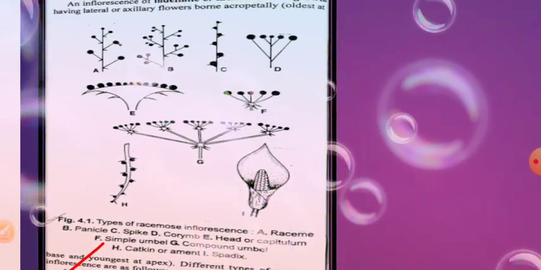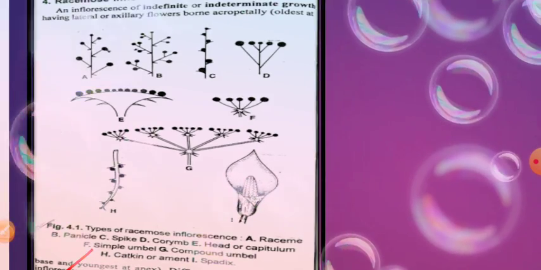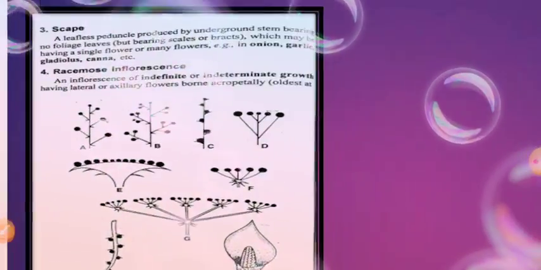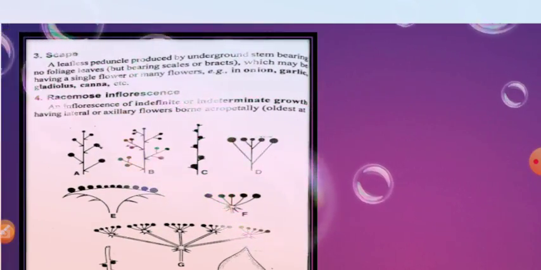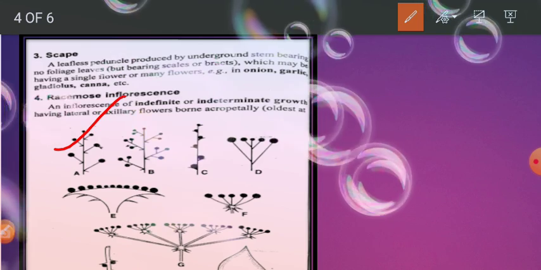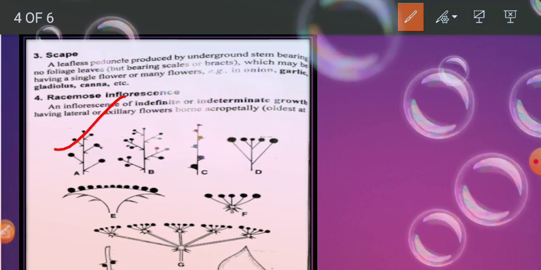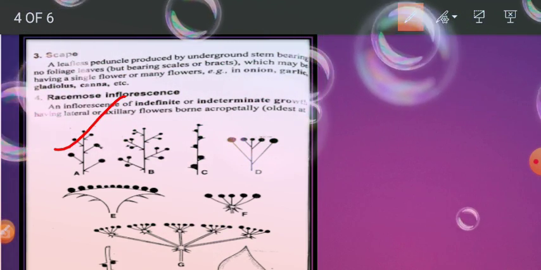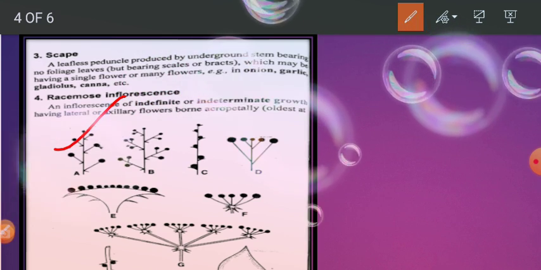Here is the diagram of the raceme type, showing how it is arranged and organized.